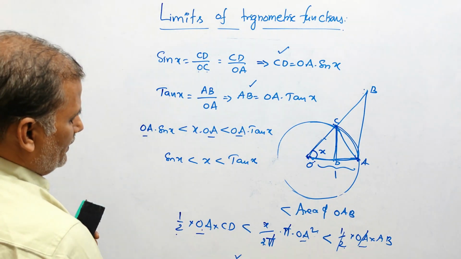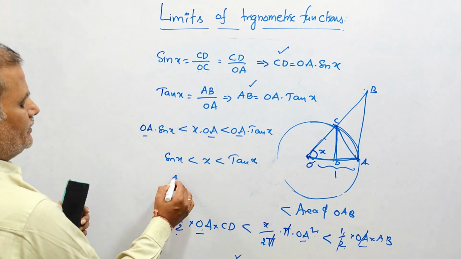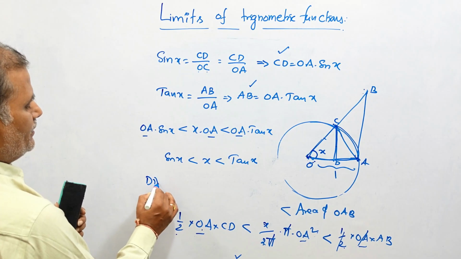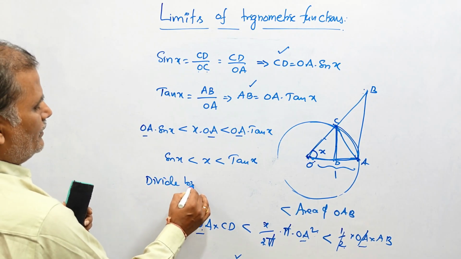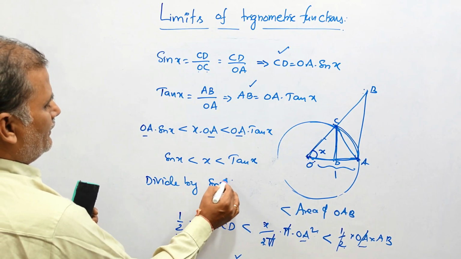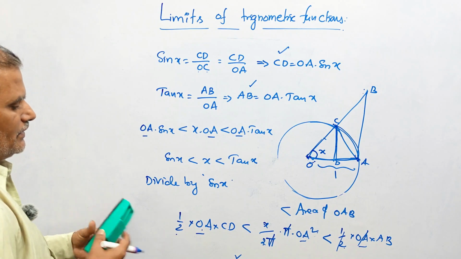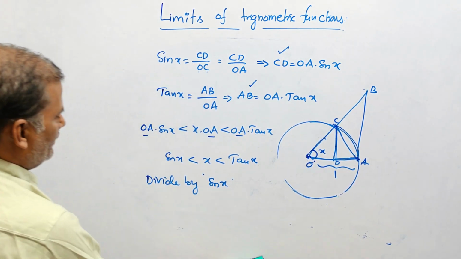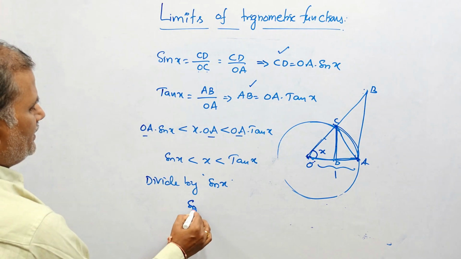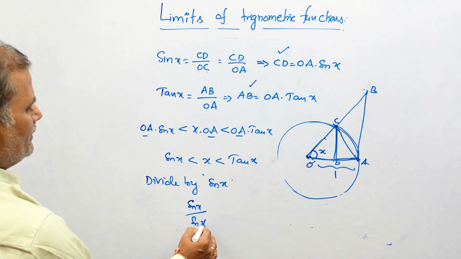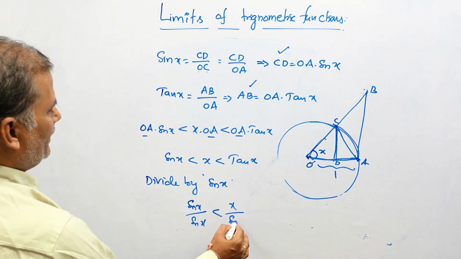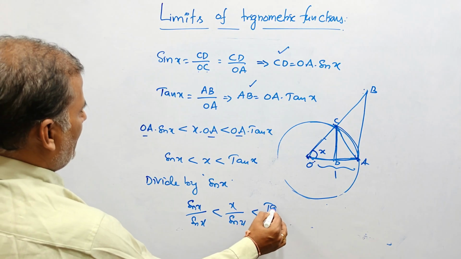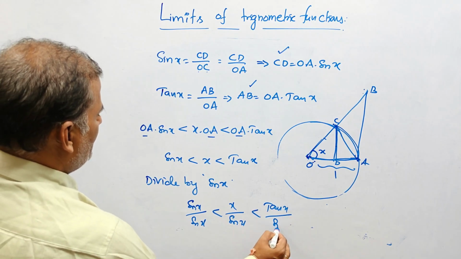Now divide by sin x here. Just we have to know that sin x by sin x less than x by sin x less than tan x by sin x.